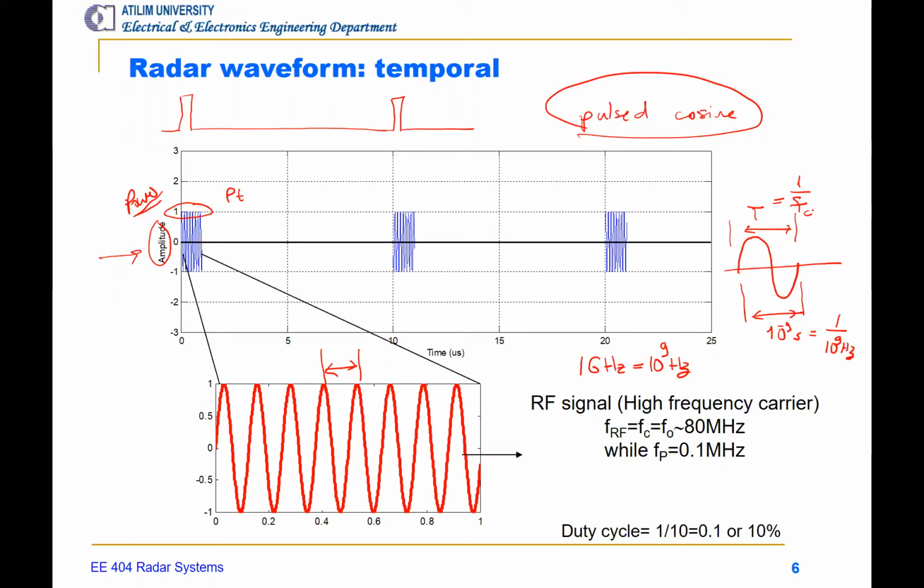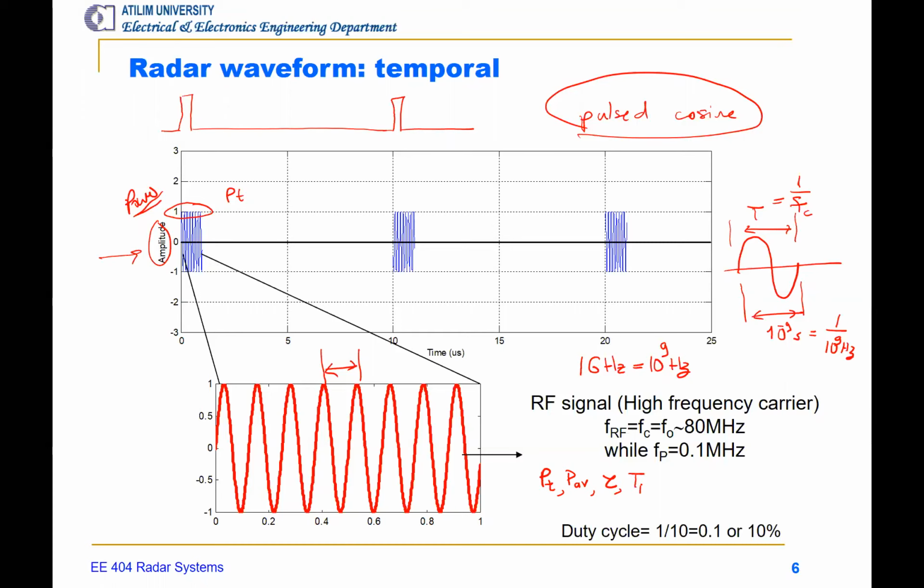Then, if we try to summarize what parameters we have here for a pulse train, we got peak power, average power, pulse width, and what else?